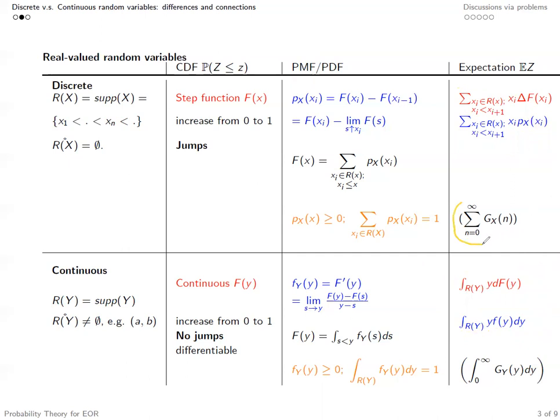Specifically, for a very special case, for non-negative integer valued discrete random variables, there is one alternative way of calculating the expected value, making use of the survival function. The survival function, Gx, is simply 1 minus the CDF function Fx.